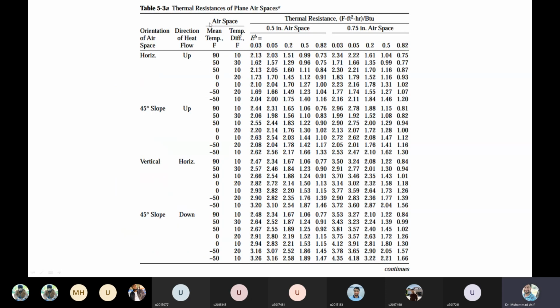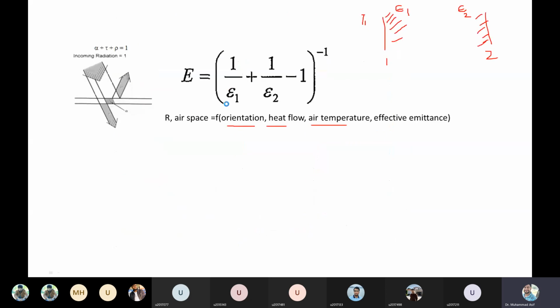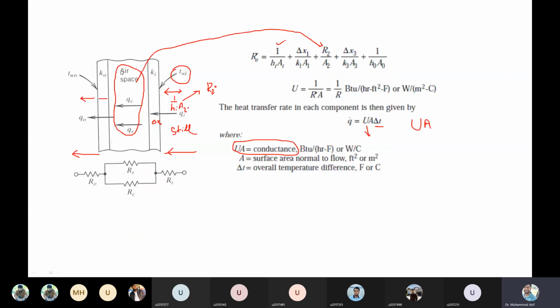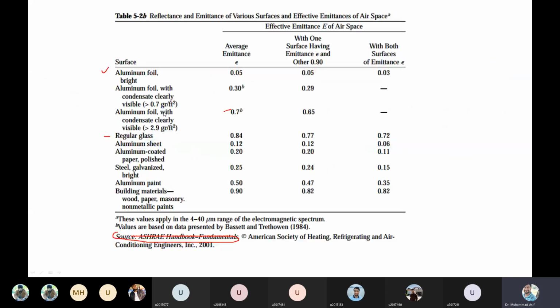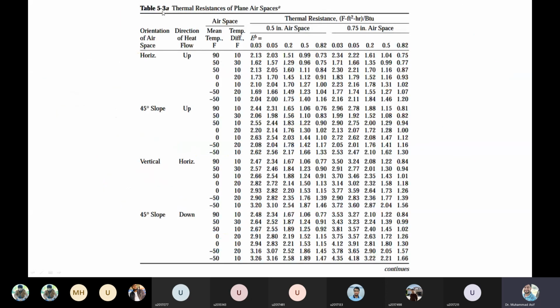Similarly, we have the thermal resistance because of the thickness of the airspace, right? As I mentioned in the previous slide, if we know the thickness of the airspace, we can have the thermal resistance. So this table, table 5.3a, provides the thermal resistance of plane airspaces.